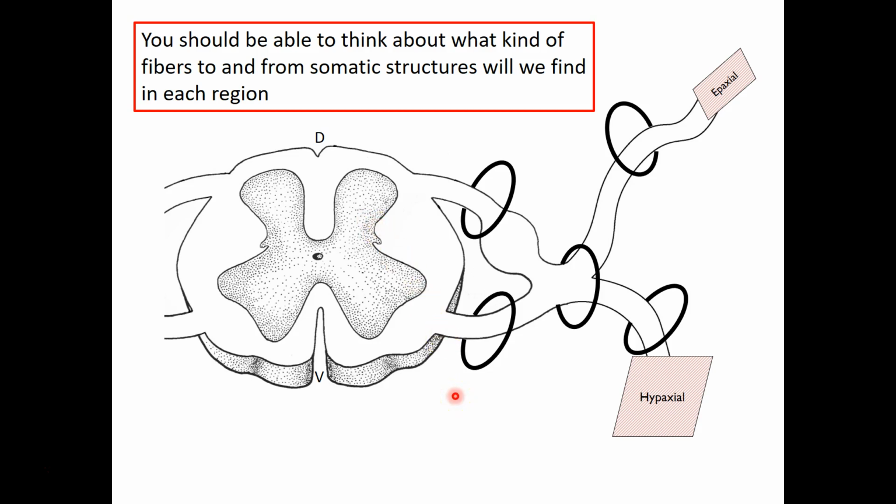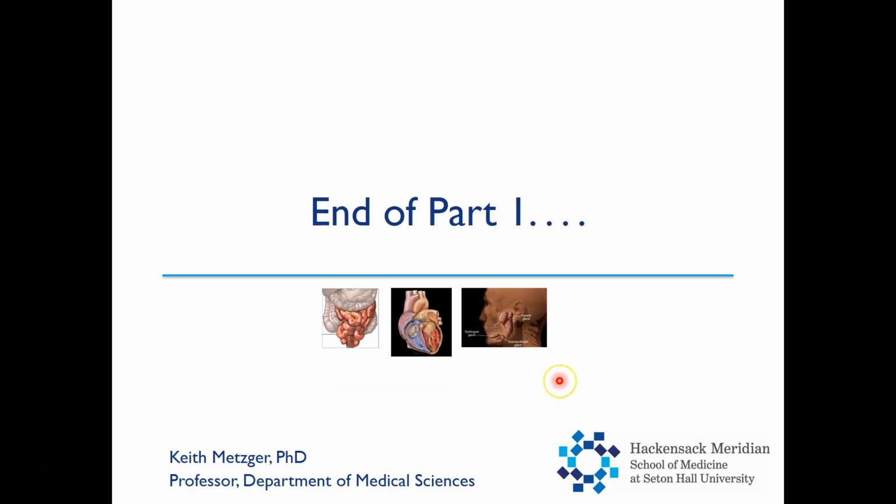So now, at this point, we've really talked about the spinal cord and its different broad areas, and we've talked about these different structures coming out of and going into the spinal cord, our roots, potential ganglia along those roots, our mixed spinal nerves, our rami, and I should be able to ask you, what are the type of fibers going to and from somatic structures in each of these regions?